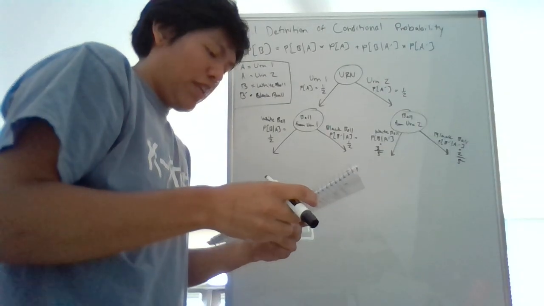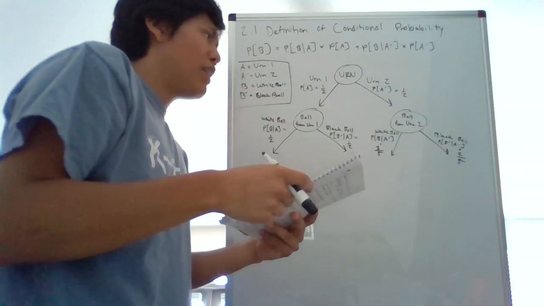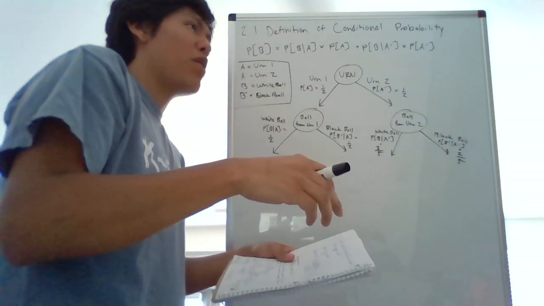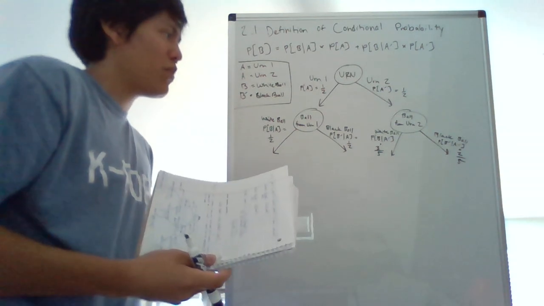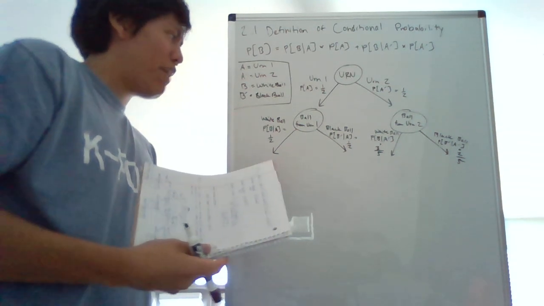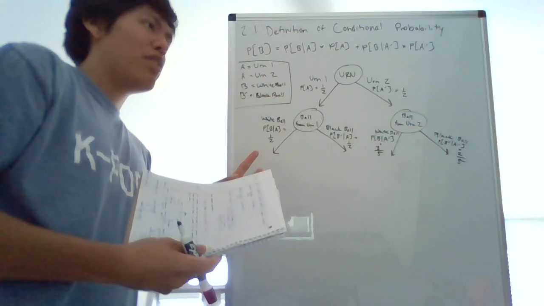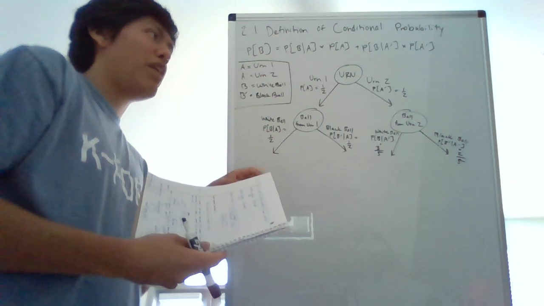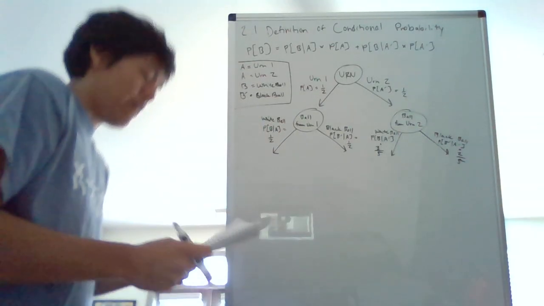Okay, now what we're interested in is the probability of us picking up a white ball at all. So now we have to look at 2 separate scenarios. The one where we picked urn 1 and picked up a white ball, and the one where we picked urn 2 and picked up a white ball. All right?